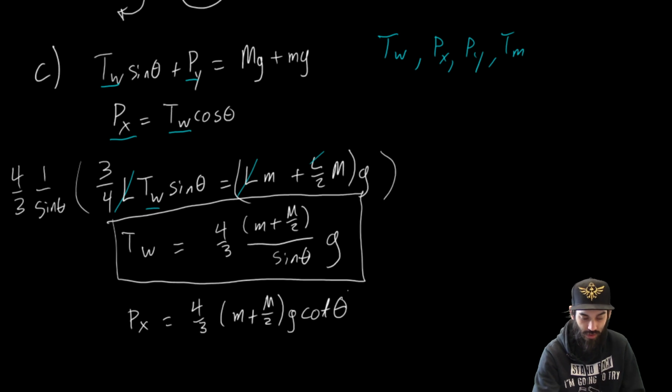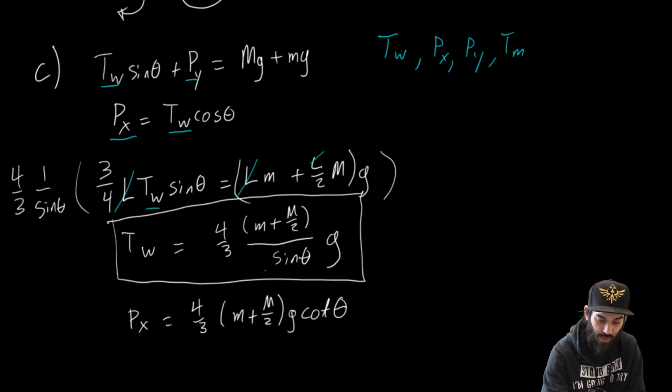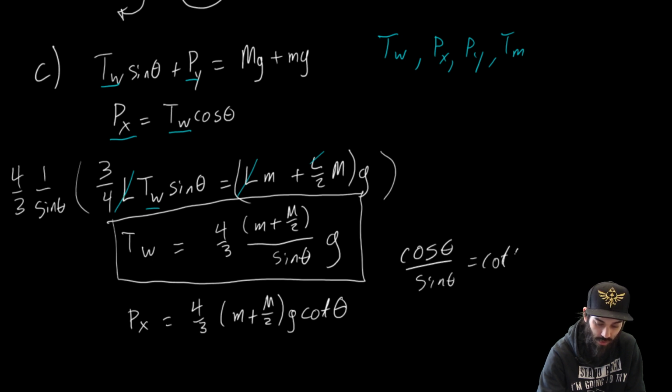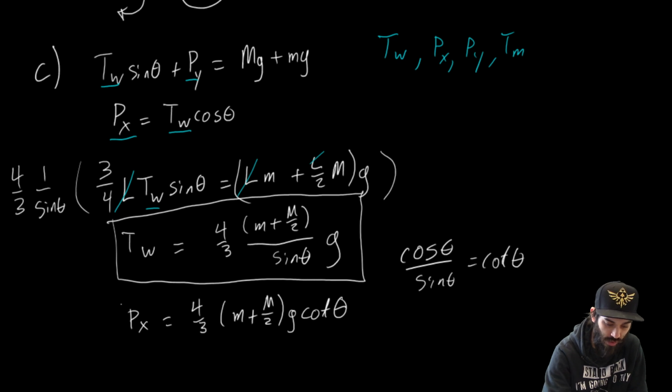Okay, so where am I getting this cotangent? Well, when I plug this in here, I end up having a cosine of theta divided by a sine of theta, which is equal to a cotangent of theta. Okay, so that's that one.